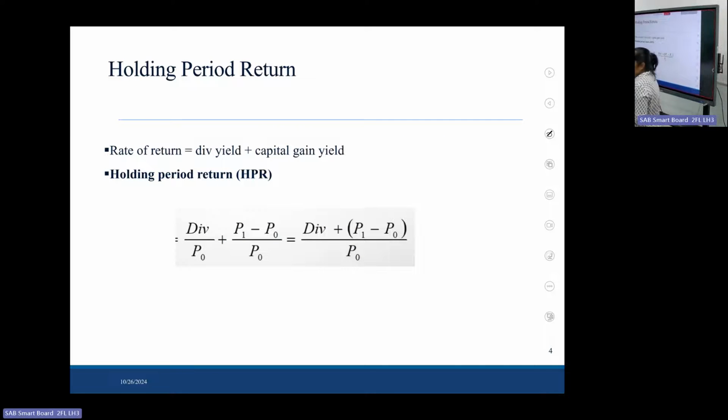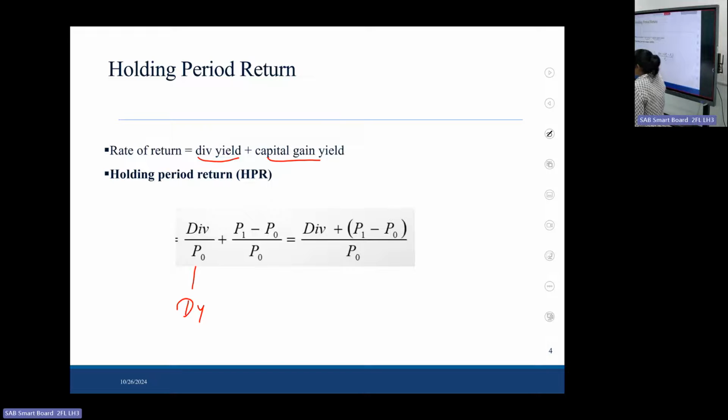In this formula, you know that the return includes two components. One is dividend yield, the other is capital gain yield. Since you are investing for a particular time period, you can realize capital gain. So when we say return here, it includes dividend yield and capital gain yield. This is the dividend yield.